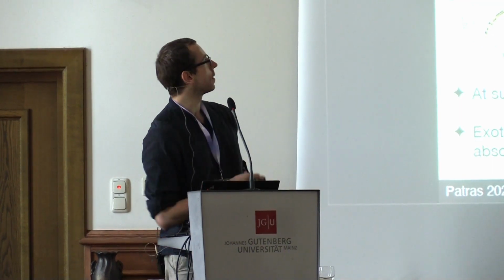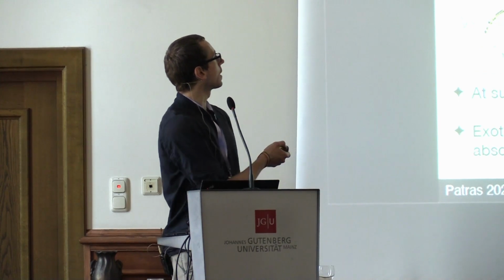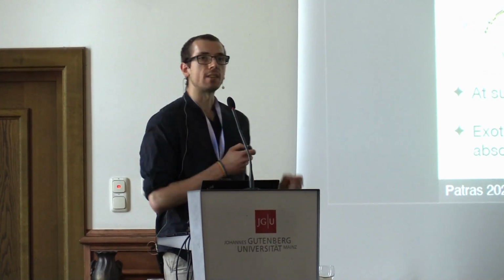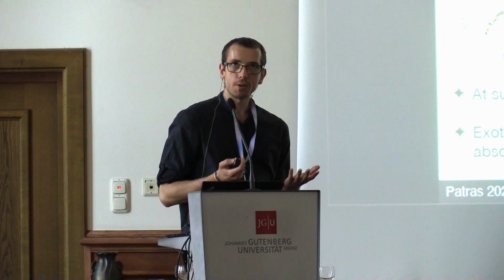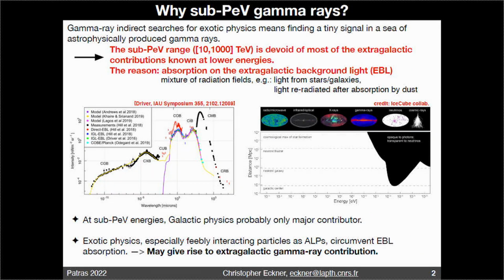It is erased because of the extragalactic background light shown here, which is the second most bright component compared to the CMB, that is penetrating the universe, created by galaxies, stars, and radiation that is absorbed by dust and then re-radiated. And you see that that's quite an extensive contribution.